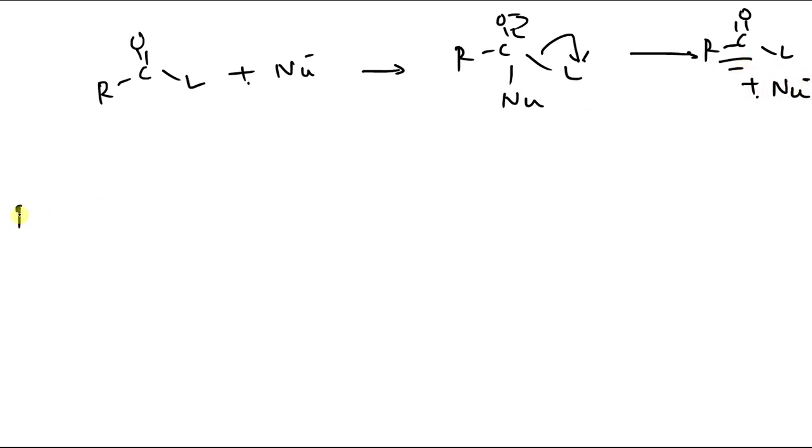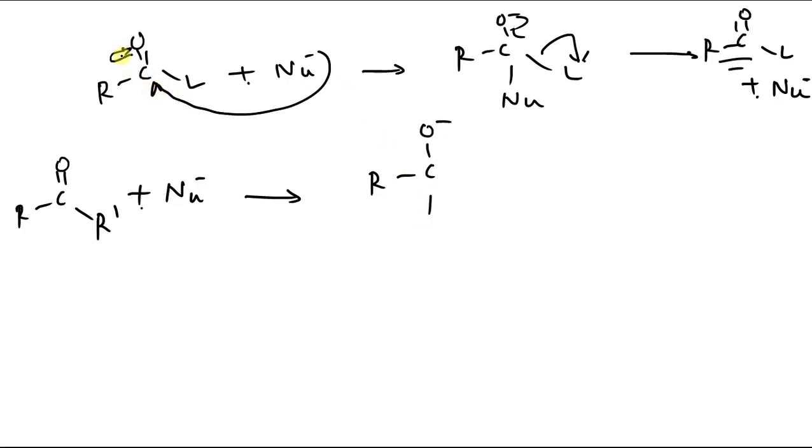Whereas in case of aldehydes or ketones, what happens? The first step is the same. Attack of nucleophile is the same. O negative, so it attacks here. This step is the same in both the cases. R dash nucleophile. But now it accepts a proton from solvent or another electrophile.